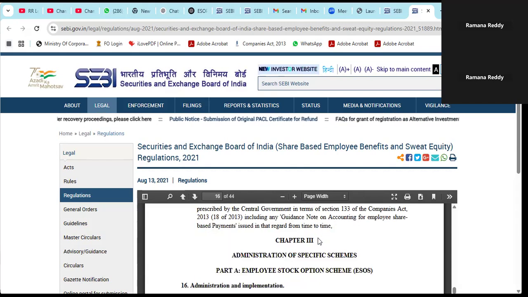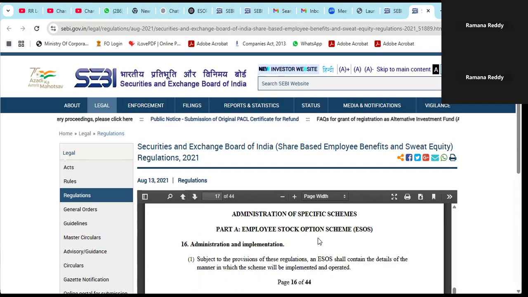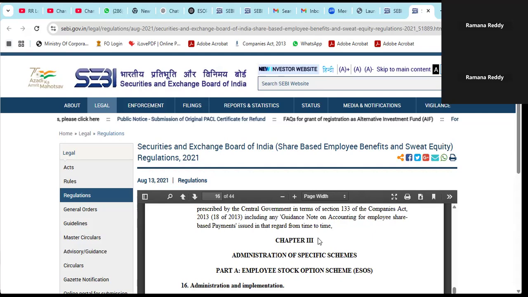Now we are discussing chapter 3. Welcome to chapter 3. This talks about the administration of the schemes, specific schemes. A total of 5 schemes we are going to discuss. We are discussing the employee stock option scheme, that is ESOS, which is covered under Part A of Chapter 3. Part B talks about the employee stock purchase scheme, ESPS.